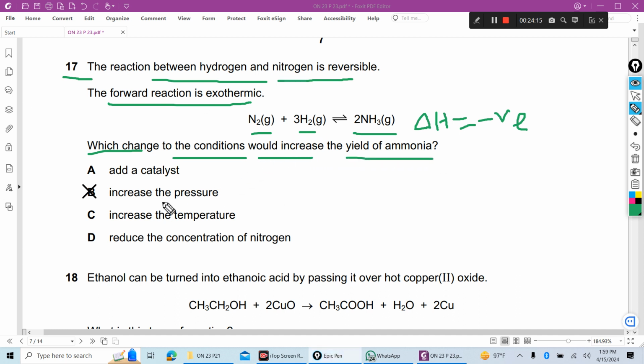So B is the right answer. Why? If you increase pressure, equilibrium will move to the lower number of moles, and you count it. Left side 1 mole nitrogen, 3 mole hydrogen, total 4 mole. Right side has 2 mole. Right side has fewer moles. So if you increase pressure, equilibrium will move from left to right and yield of ammonia will increase. B is the right answer.